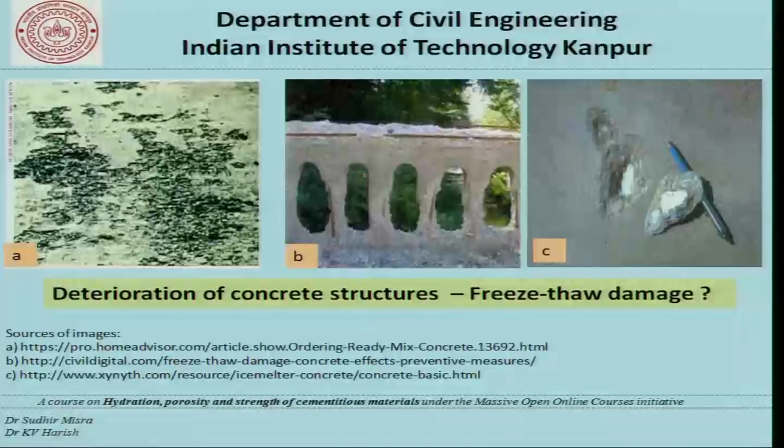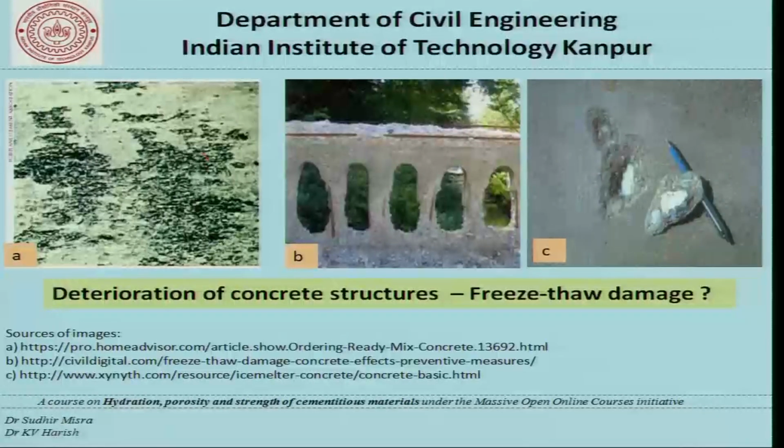But once these cracks are formed, they accelerate the permeation of any kind of deleterious material from the environment into the concrete. Here are examples of structures which have been subjected to freezing and thawing.